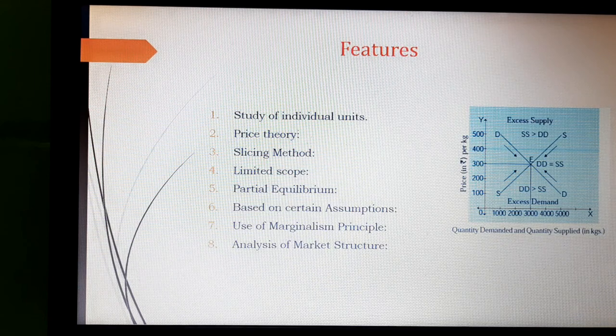Getting it? For that reason, DD is equal to SS. It's written out there. So this particular diagram is related to a particular producer. It's not related to different producers. It's only related to individual producer. So here the equilibrium analysis which we have done is related to an individual person. Therefore, it is called as partial equilibrium.